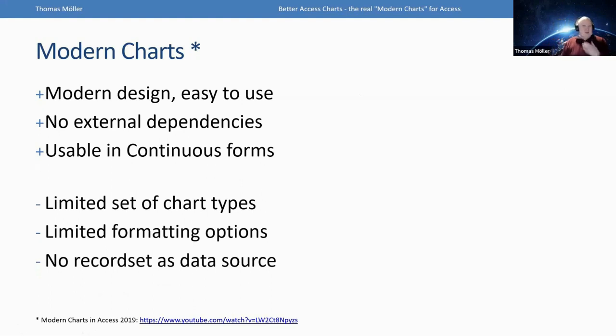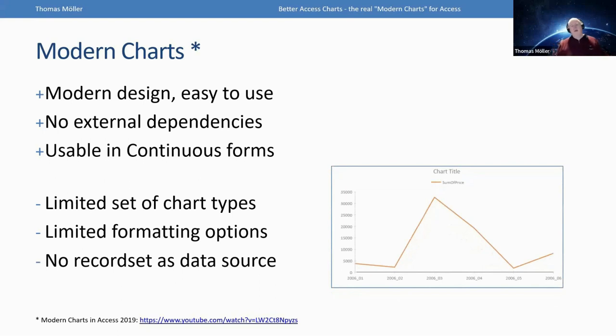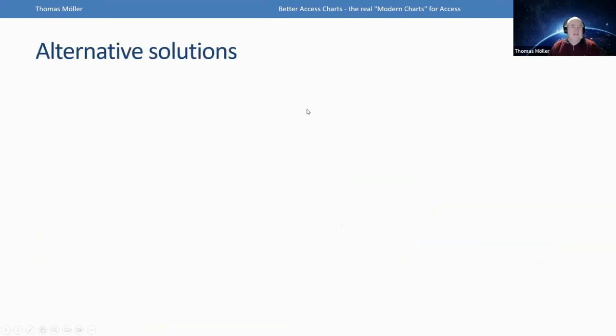We do not have as many formatting options as we wish we had, and it's not possible to use a recordset as a data store. And this is how it looks, a little bit better, but I think it can always be a little bit better.